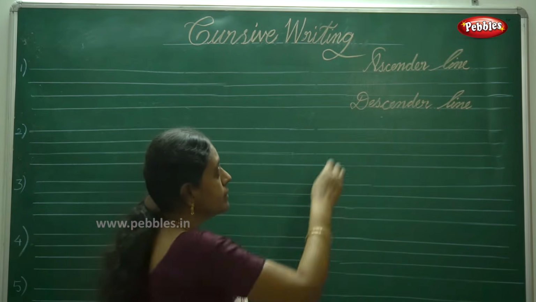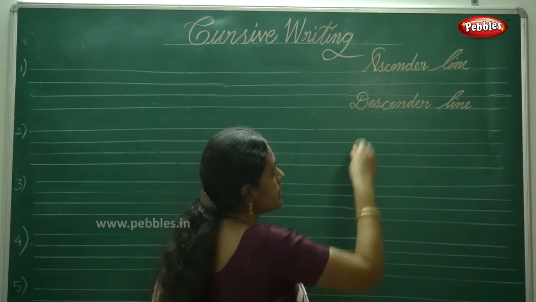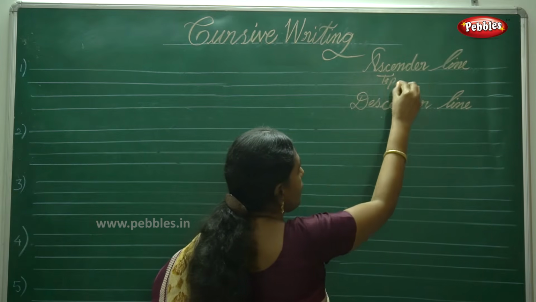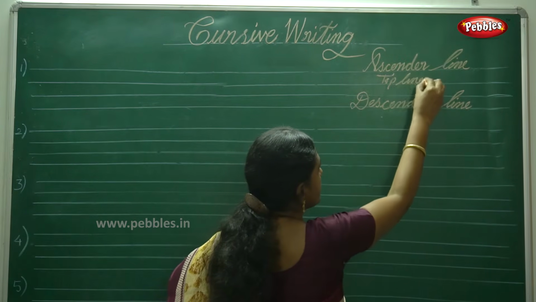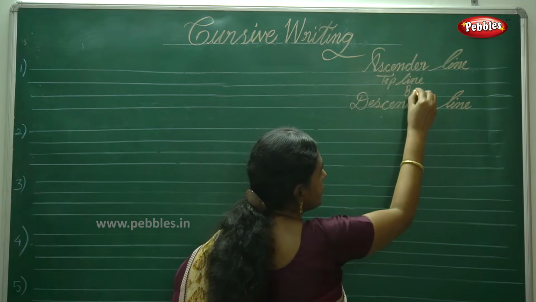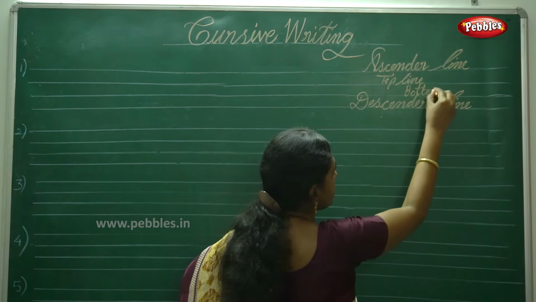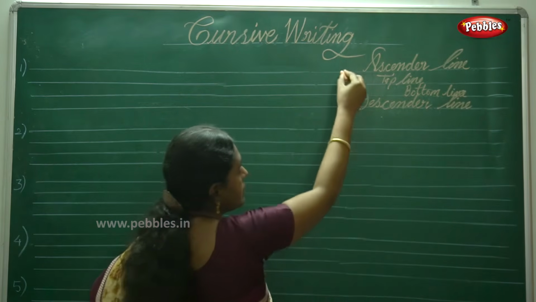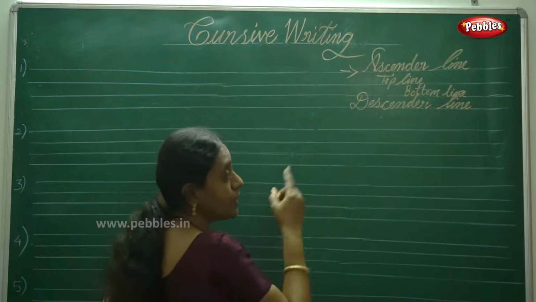Then, of the middle 2 lines, the top one is known simply as the top line. Then the bottom line. So in your notebook, write it down, put an arrow and name it.